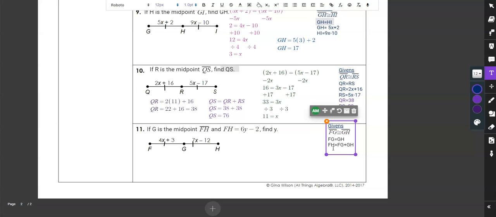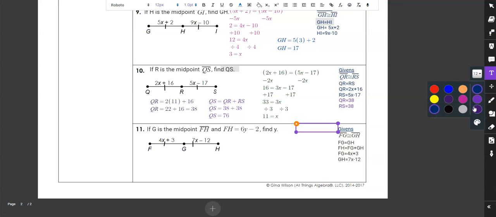So we know as well that FG is represented by the expression 4x plus 3, and GH is represented by 7x minus 12. So the first thing we're going to do is use that information to solve for x.